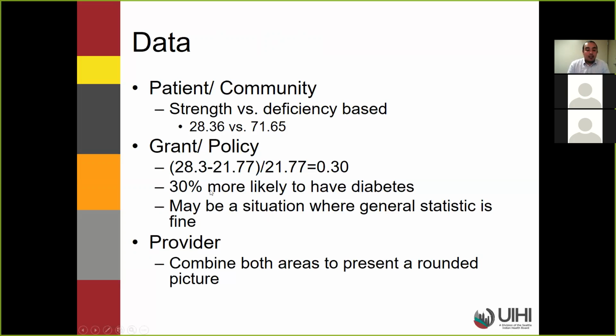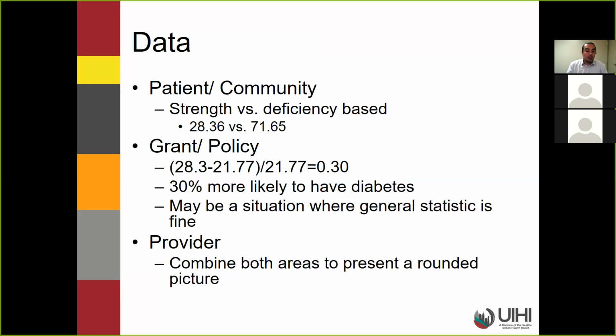In moving in, we see similar sorts of calculations with grant and policy. I won't go over this again, but what it leaves us with is that, based off of these estimates, AIANs are 30% more likely to have diabetes than non-Hispanic whites. That's a very eye-catching number, and also something that's very relevant.